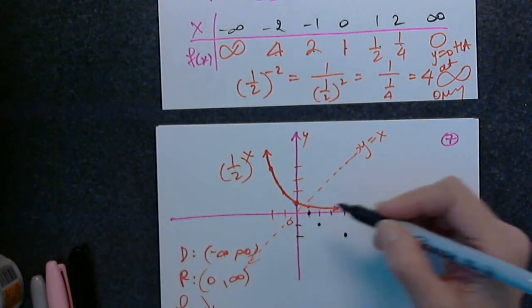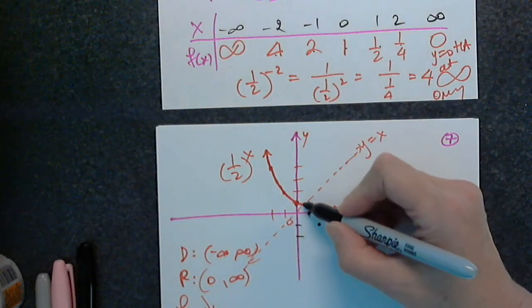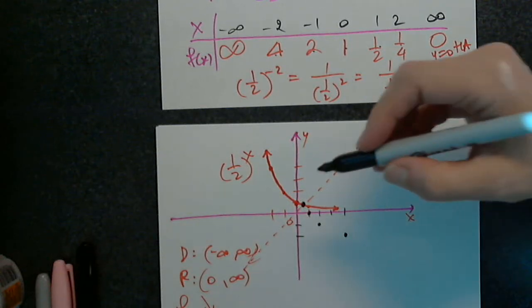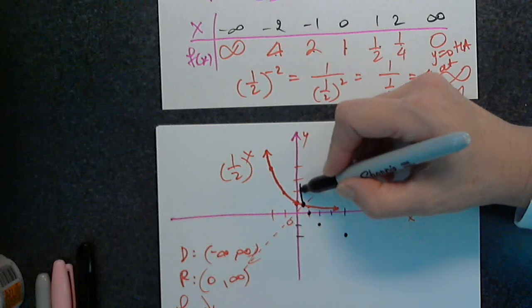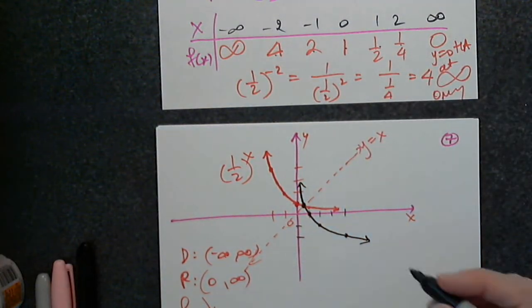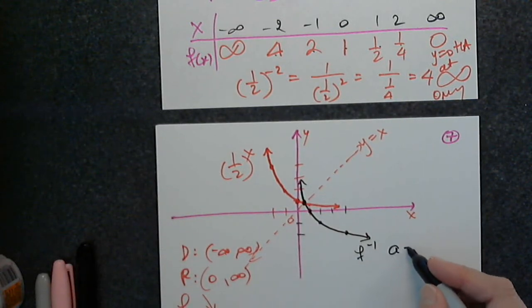Yes, I completely agree with 1, 0. And remember, where the function crosses y equals x, the inverse function must cross as well, because all those points are identical, have identical x, identical y. So here's the graph. This is the f inverse with the base 1/2.